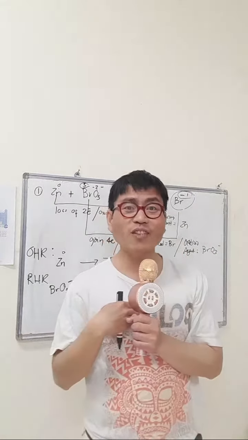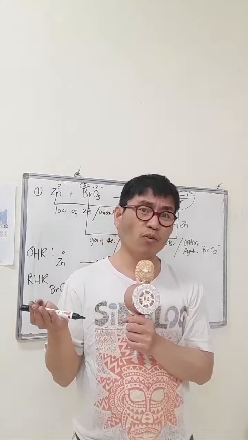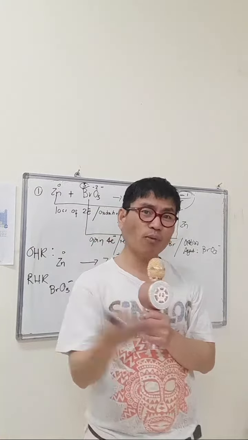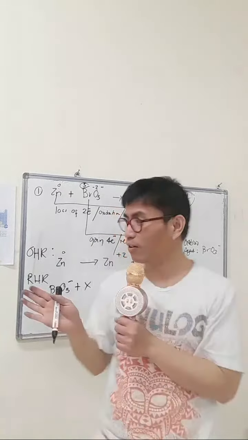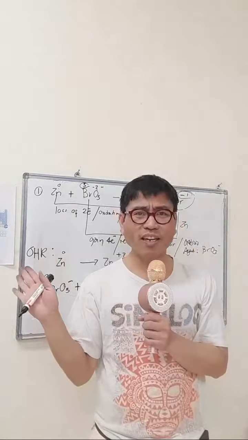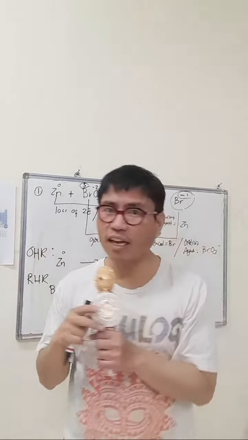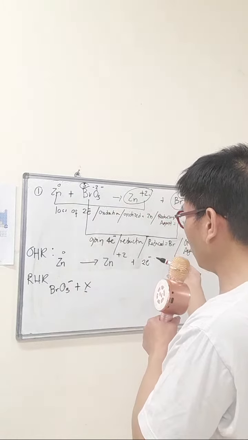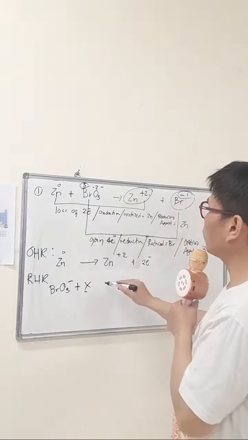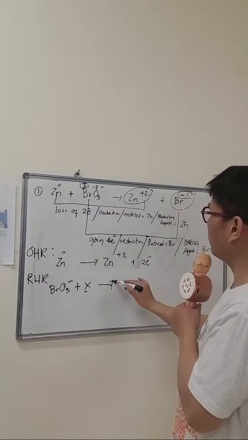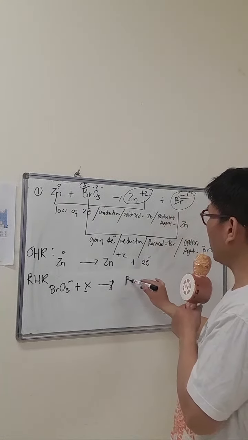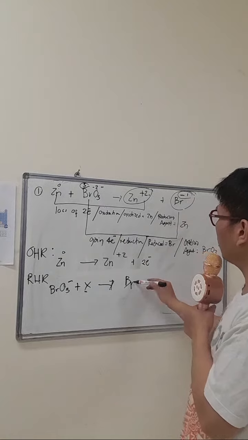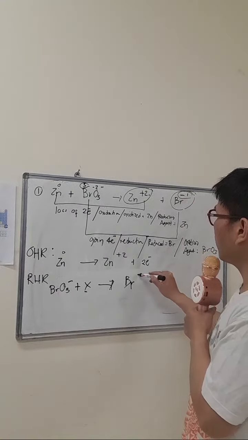Actually, this is my own style only, because our instructors and professors before don't put plus X. This is only for the purpose of easy understanding for my viewers. Actually, we don't have to say plus X, but to make it easier. So, bromate plus X, which is the electrons representation because of gaining of electrons, is equal to bromide.